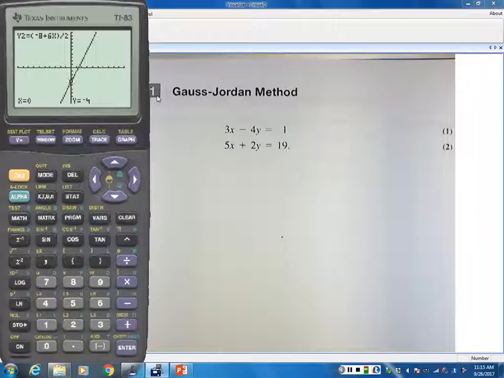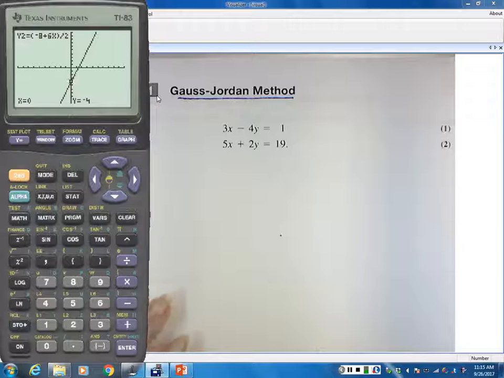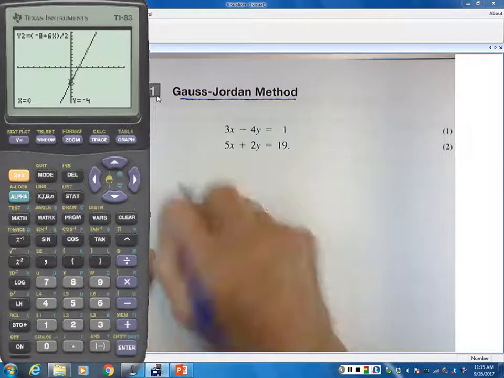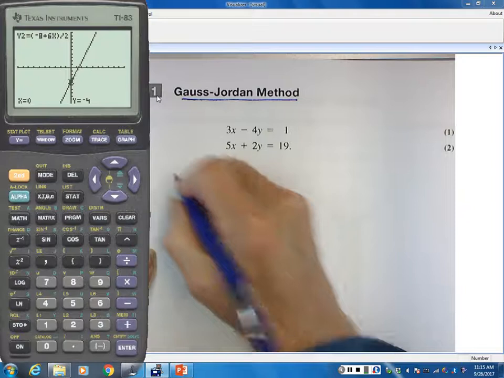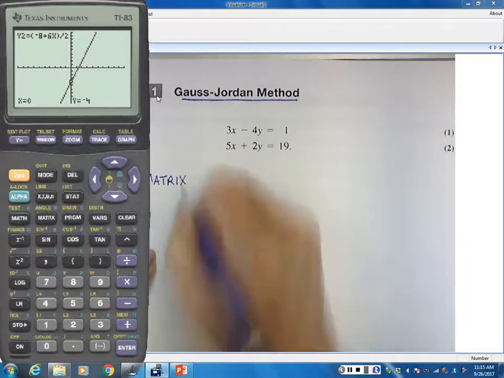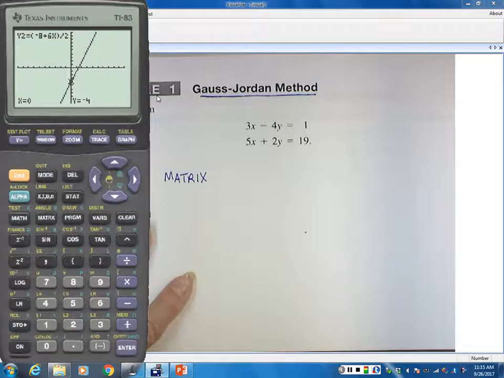So I'm going to go ahead and show you the method we're going to use throughout this whole entire chapter. We're going to use the Gauss-Jordan method, but we're not going to do all those row operations. What we're going to do is make a matrix, and a matrix has rows and columns.